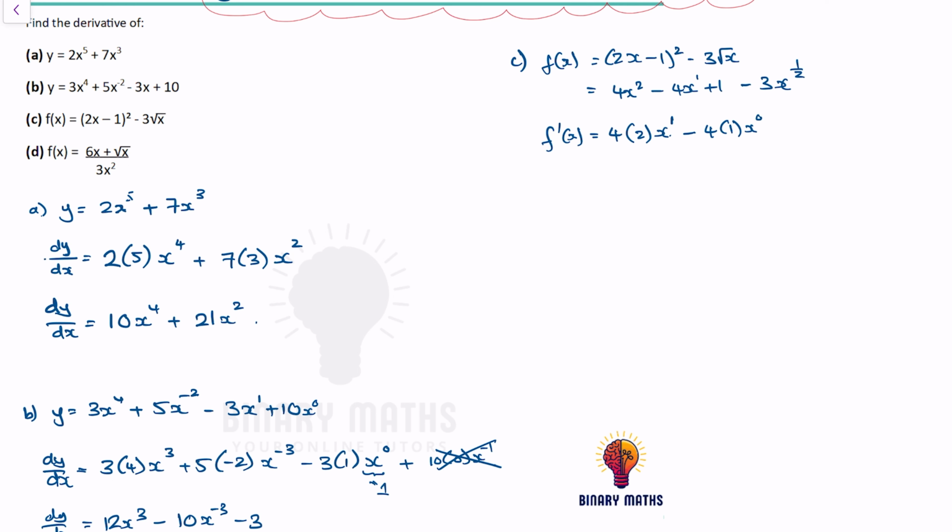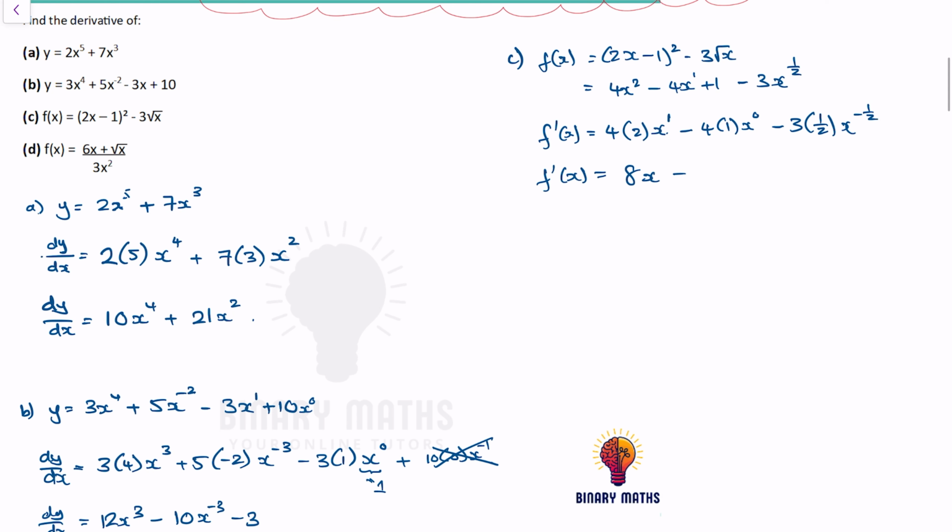The constant disappears, so there's nothing there, and minus 3 lots of a half x to the power of minus a half when you decrease the power by 1. If I clean this up, then f dash of x will be equal to 8 times x, because x to the power of 1 is just x, minus 4, minus 3 over 2, x to the power of minus a half.